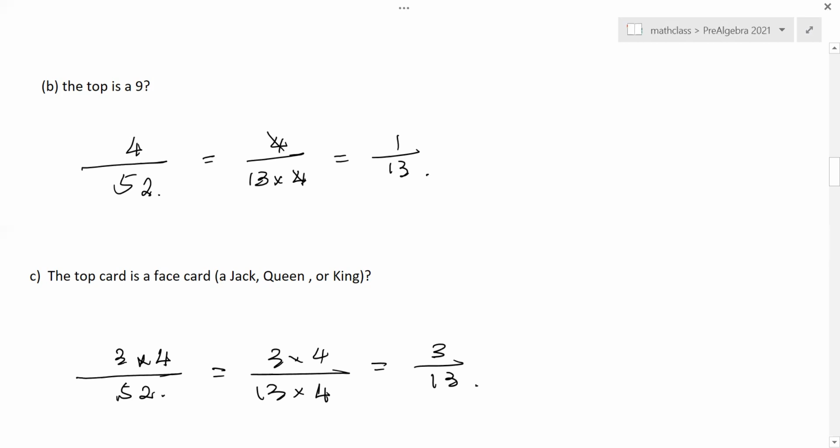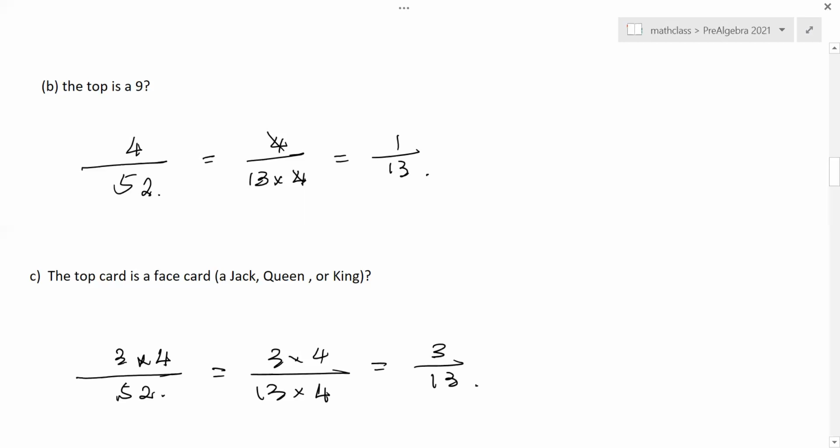This is an ideal case. It's called a probability. Unlikely you're going to get 3 over 13 exactly, but very, very close. It depends on how many times you try. If you only take 2 cards, possibly none of them will be a face card.